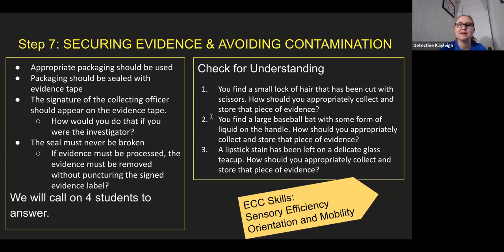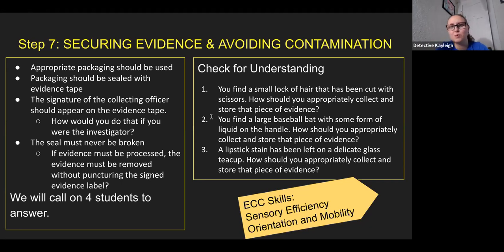Evidence packaging can be something as small as a microscope slide, right? Those tiny little glass pieces that you put in microscopes, all the way up to big boxes or even somewhere in between, like a Ziploc bag sized baggie. We want to make sure that the evidence is going to fit inside of whatever packaging or secure material we use.